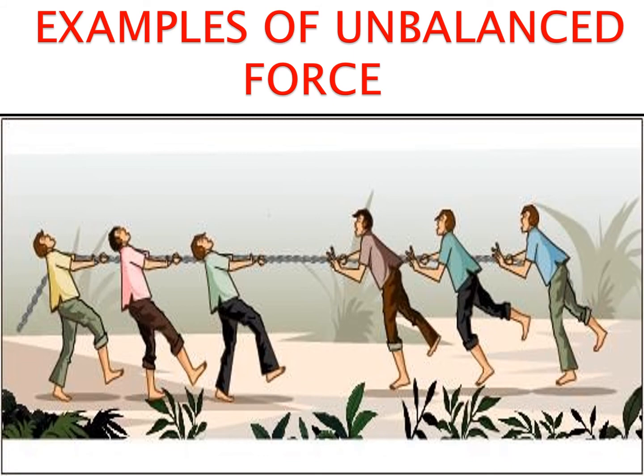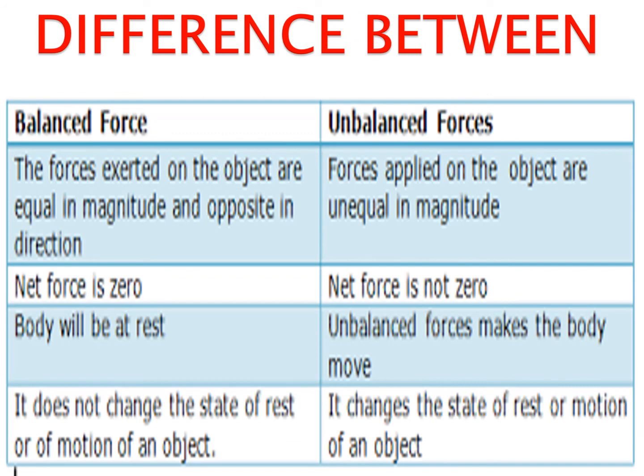Now come to our next topic, that is difference between balanced force and unbalanced force. Balanced forces exerted on the object are equal in magnitude and opposite in direction. But unbalanced forces applied on the object are unequal in magnitude. In balanced force, net force is 0.